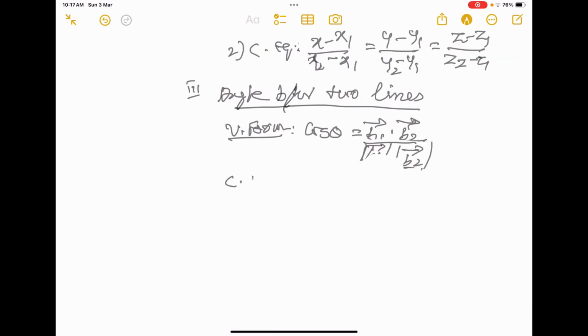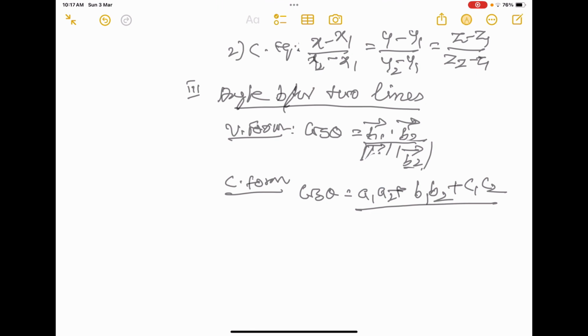Cartesian form is cos theta equal to a1 a2 plus b1 b2 plus c1 c2 divided by root of a1 square plus b1 square plus c1 square into root of a2 square plus b2 square plus c2 square.